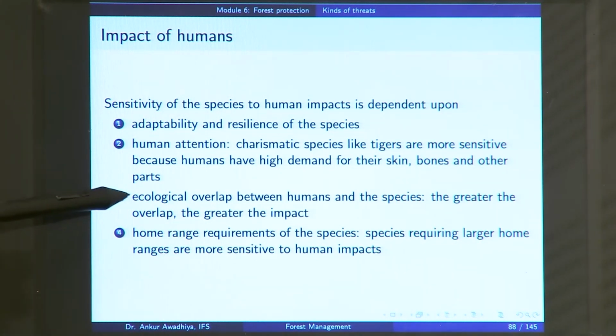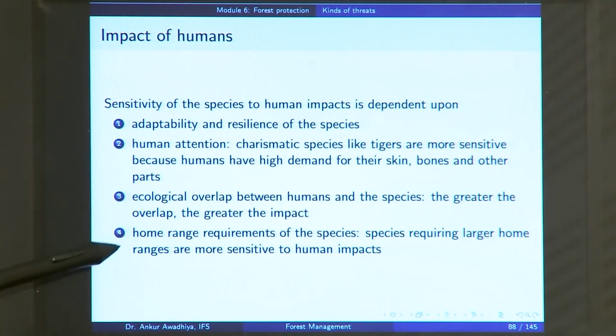Or if there is an ecological overlap between humans and the species, the greater the overlap, the greater the impact. There is a species that lives in grasslands, and humans want to convert grasslands into agricultural fields. Just because both of them want the grassland, the impact of human beings on such a species will be much greater than on a species that, say, lives in the desert areas.